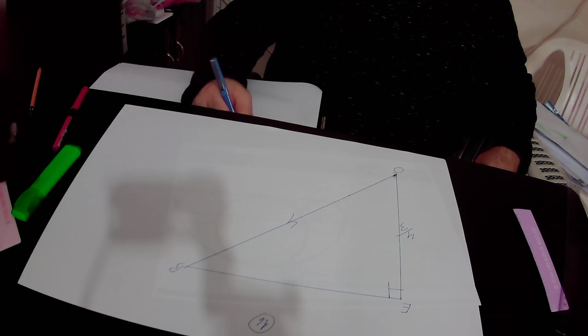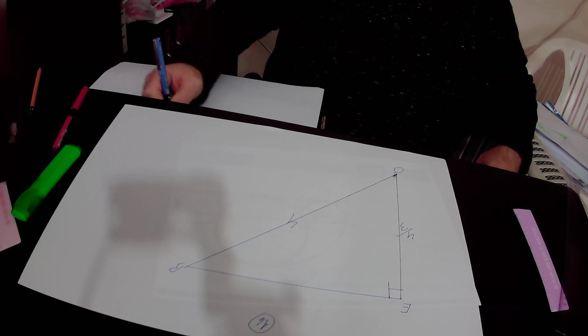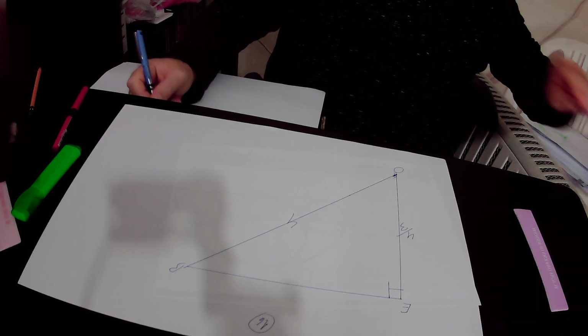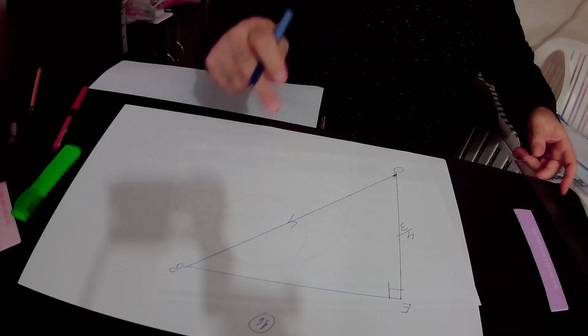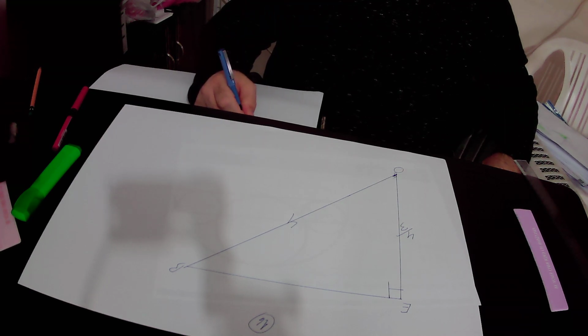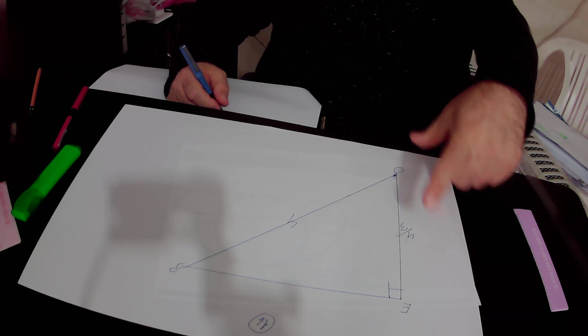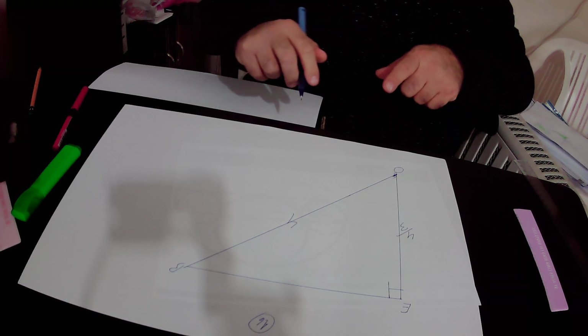In the right triangle OEB, according to the Pythagoras theorem, the square of the hypotenuse equals the sum of the squares of the perpendiculars. The hypotenuse is OB, so OB squared equals OE squared plus EB squared.